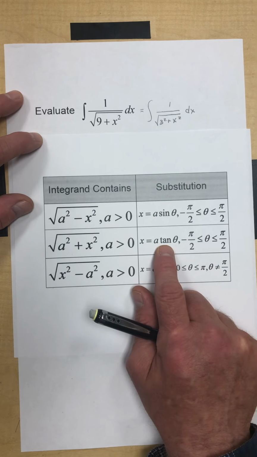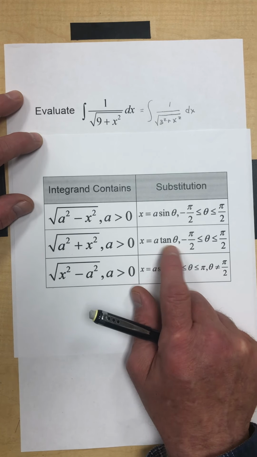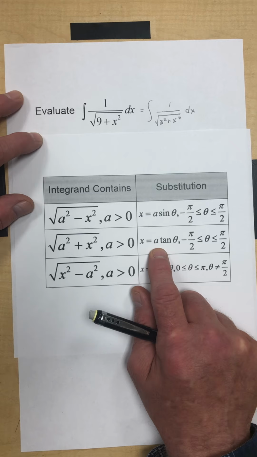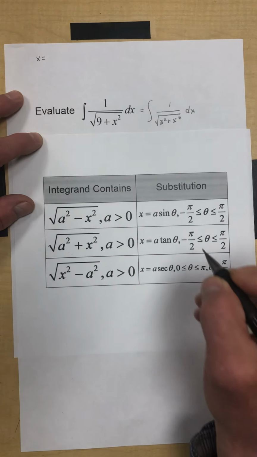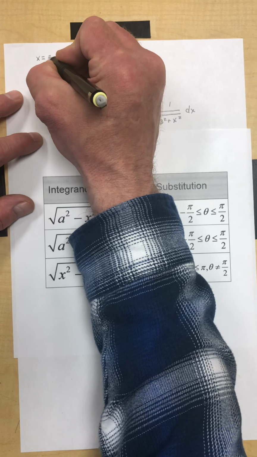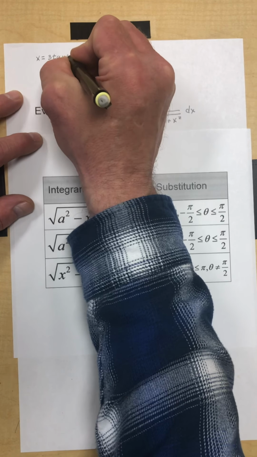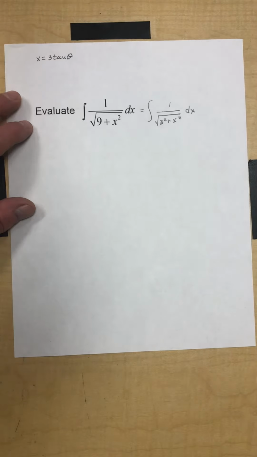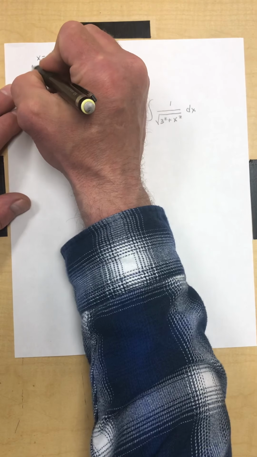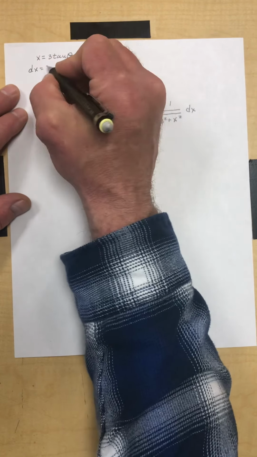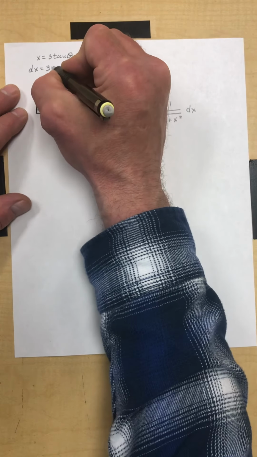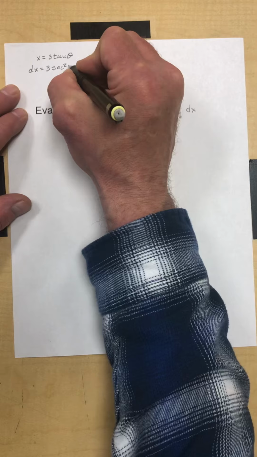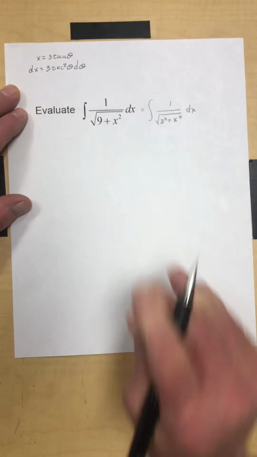So I've got to do x equals a tangent of theta, where a is 3, so it'd be x equals 3 tangent of theta. Then our dx, well, 3 is a constant multiplier, and the derivative of tangent is secant squared theta d theta.